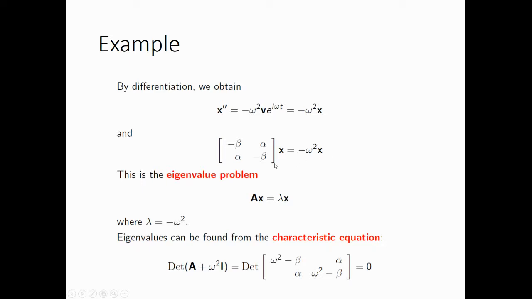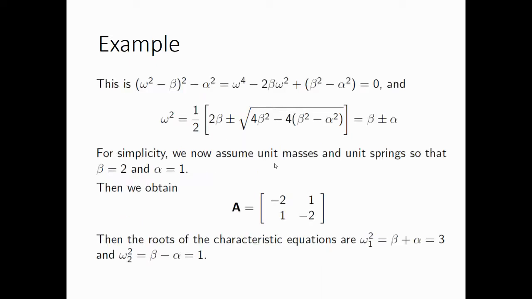This is the eigenvalue problem, Ax is equal to lambda x, where lambda is equal to minus w squared, and eigenvalues can be found from its characteristic equation. So we get minus beta plus or minus alpha. For simplicity, we assume unit masses and unit springs, so that beta is equal to 2 and alpha is equal to 1, and we get the matrix minus 2, 1, 1, minus 2. The roots of the characteristic equation for this matrix are 3 and 1.